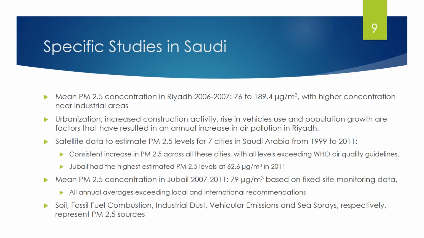The other study that was done in Jubail was based on ground measurements of PM2.5 and identified a concentration of about 79 micrograms per cubic meter on average between 2007 and 2011. And all the annual averages exceeded the local and international recommendations in this study.